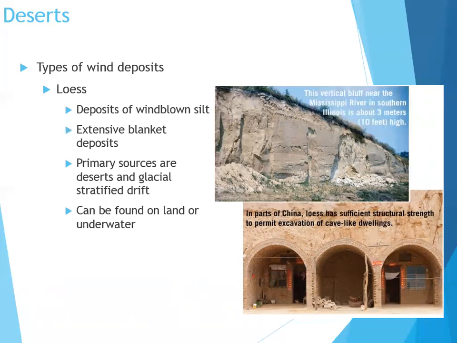Frequently, it's blown out over the ocean, but sometimes we find it blown out into areas in the interior continents. This structure here in China actually is made of wind-blown sediments that have been deposited here from someplace else. The primary sources of this silt material are deserts and glacial stratified drift.